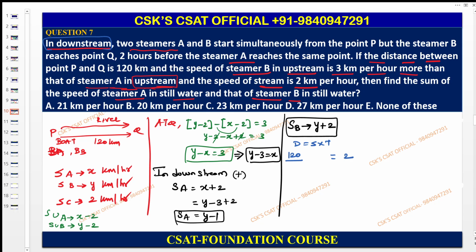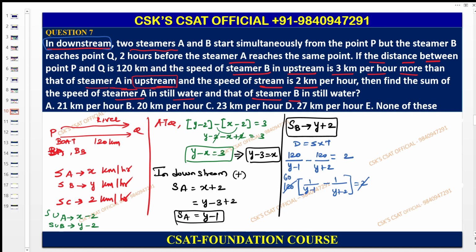So what was the question? The steamer B reaches point Q 2 hours before the steamer A. Okay, time difference provided here. So now the time difference here is 2. What is the time? You know the basic concept, distance is equal to speed into time. Then time is equal to distance by speed.